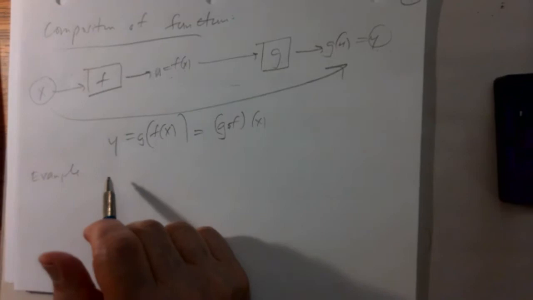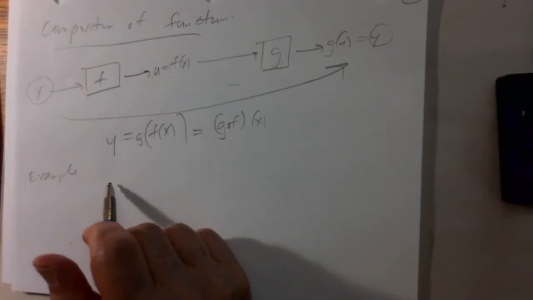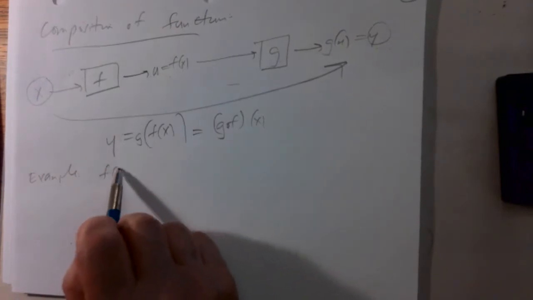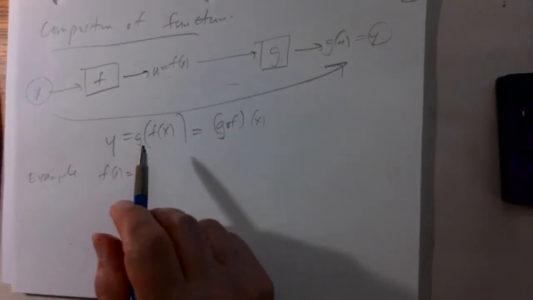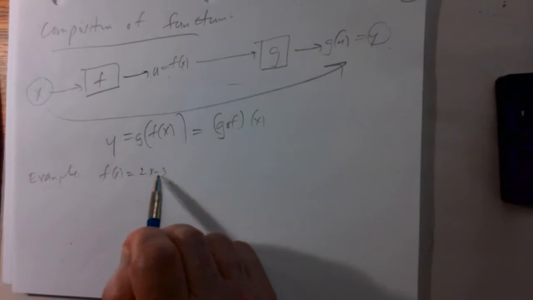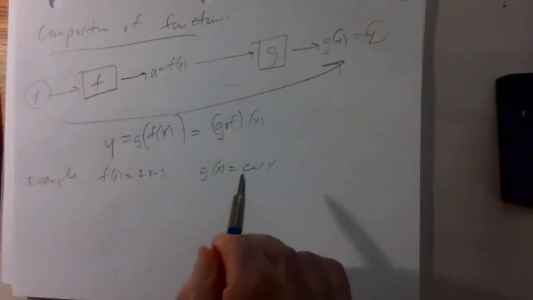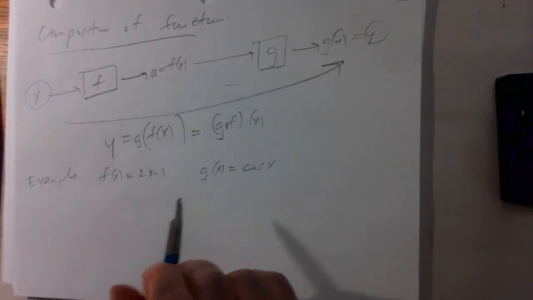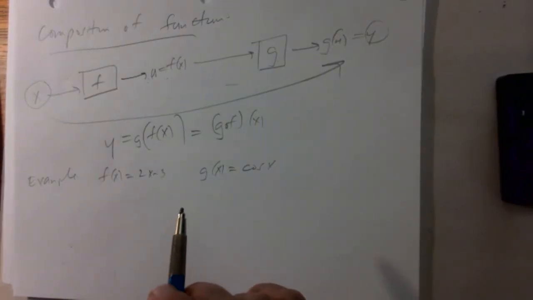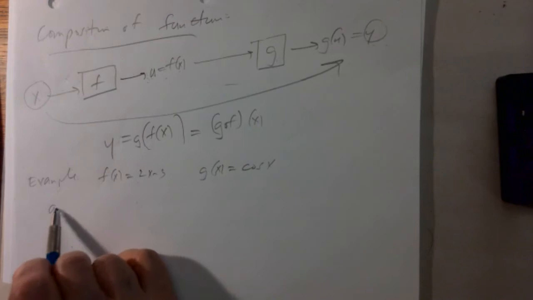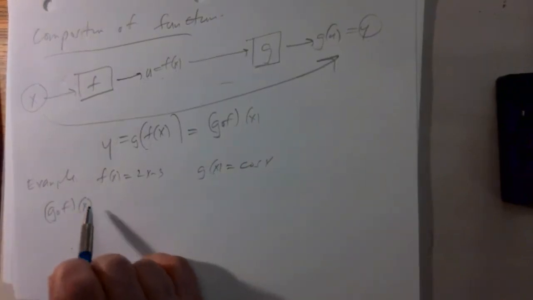So suppose we have the function f of x equals 2x minus 3, and we have the function g of x equals the cosine of x. So what is g composed with f of x?